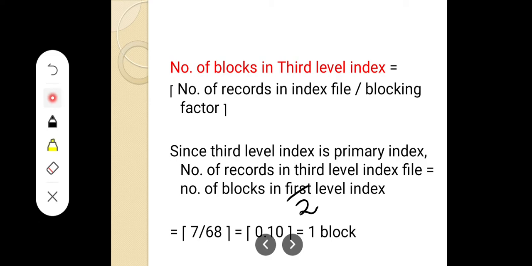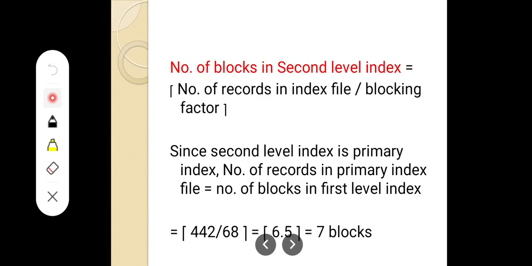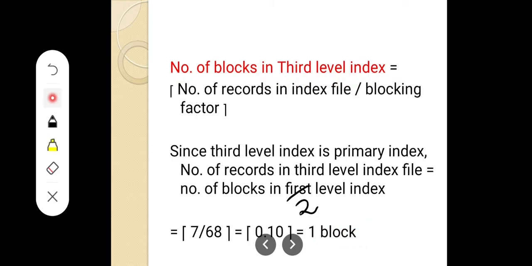Sorry, it is a mistake, it is the second level. To know how many records are in the third level, it is enough to know how many blocks are in the second level, which we have already computed: 7 blocks. So 7 divided by the blocking factor 68.